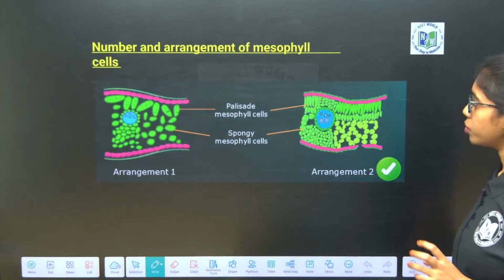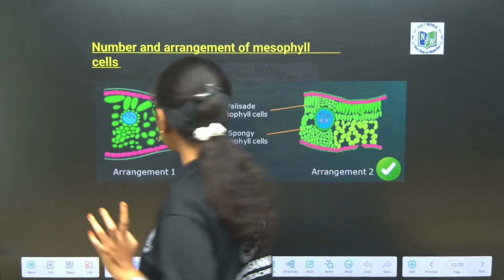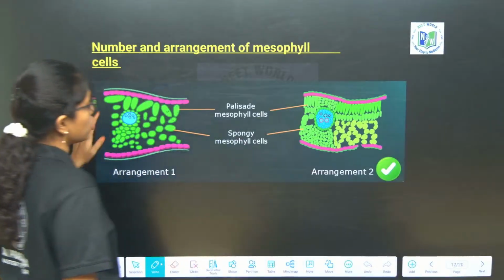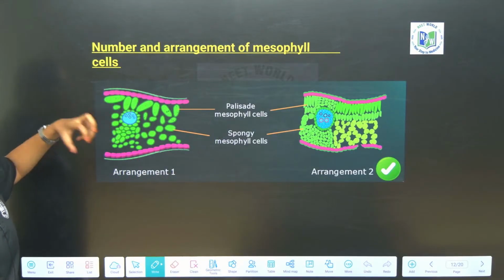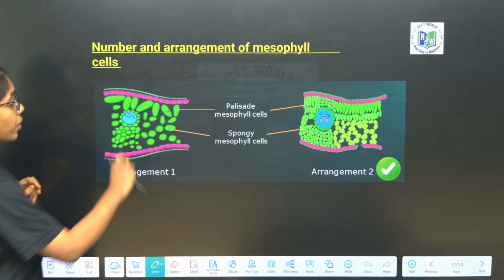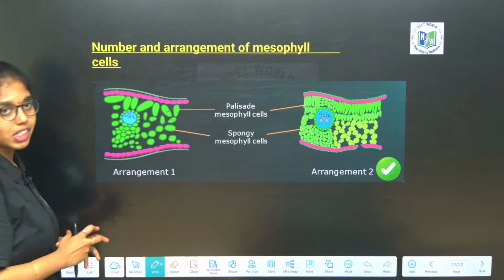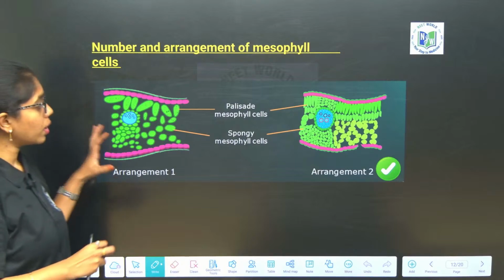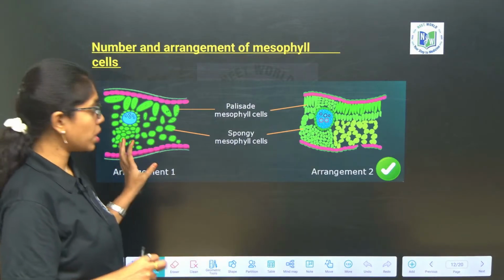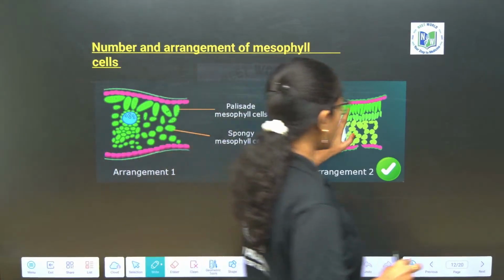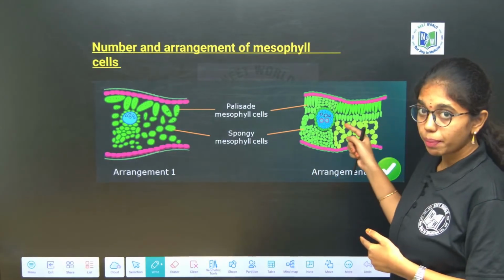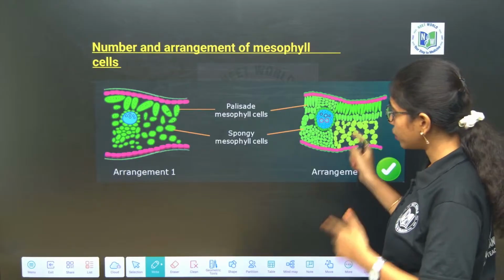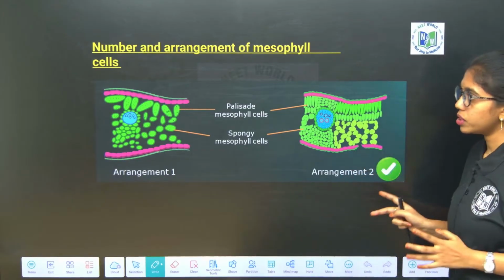So here, first, number and arrangement of mesophyll cells. In monocot plants, or isobilateral leaves, you can find only spongy mesophyll cells, whereas in the dicot leaf, that is the dorsiventral leaf, we have both palisade mesophyll cells and spongy mesophyll cells.